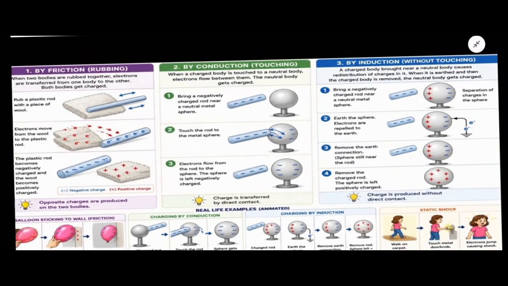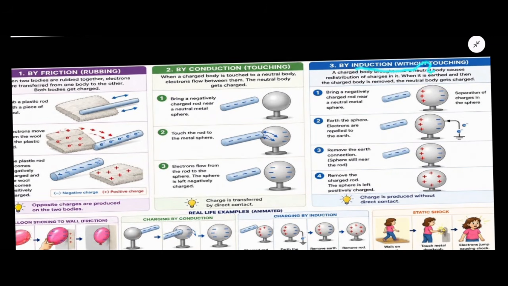The third process is by induction. In induction, as I said, we neither rub nor touch. We just bring the charged body near the neutral body, and it will cause a redistribution of charges.